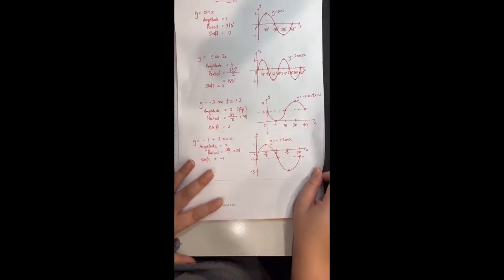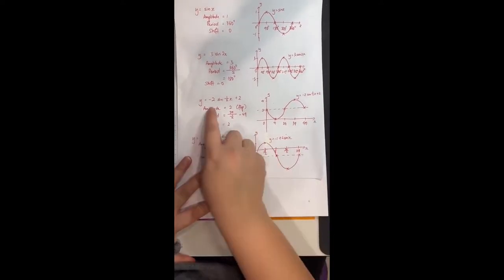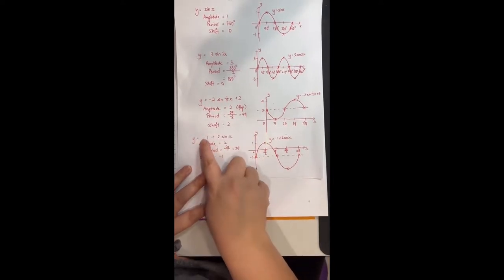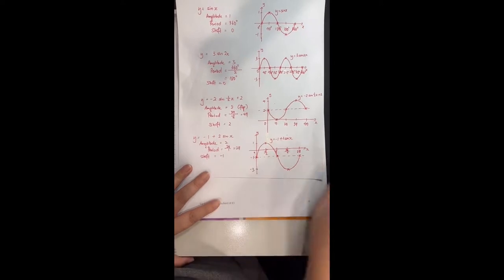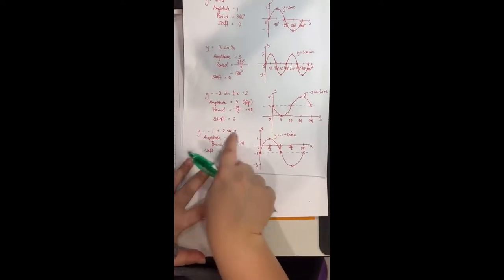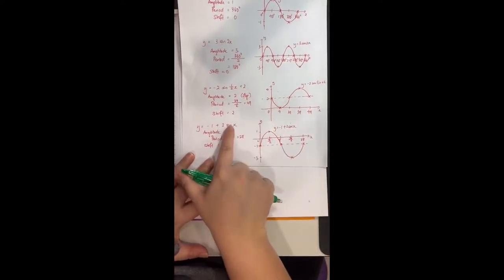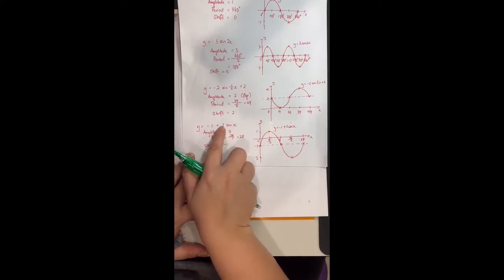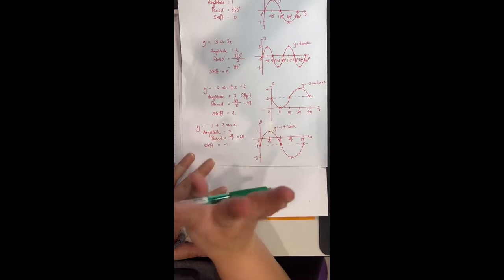Why isn't it flipped if it's a -1? Do you see that the 2 is in front of the trig? This -1, if you rewrite it, isn't this 2 sine x - 1? The number in front of my trig is +2. It is not -1.